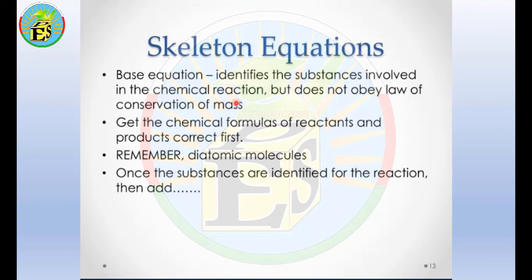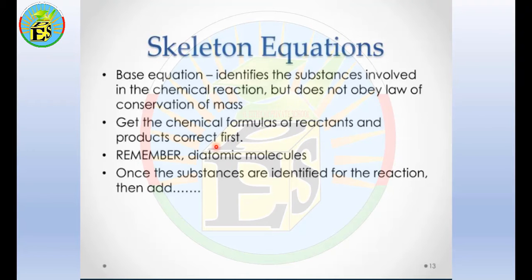Any equation that doesn't obey the law of conservation of mass, we must recorrect. Get the chemical formulas of reactants and products correct first.